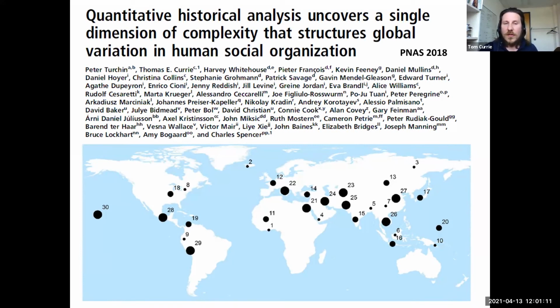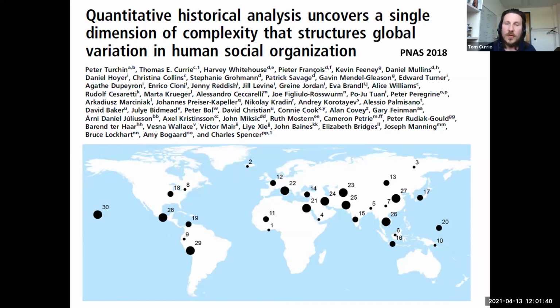And the first main study that was done as part of this project was to quantify the evolution of social political complexity over the last 10,000 years or so. It's a massive project and involved working with lots of historians and archaeologists, specialists in different parts of the world.